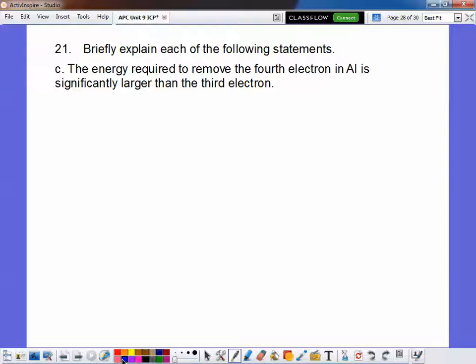Okay, so why is the energy required to remove the fourth significantly larger? Because it's what type of electron? No. It's a core electron. The fact that it's a core electron is the number one reason.